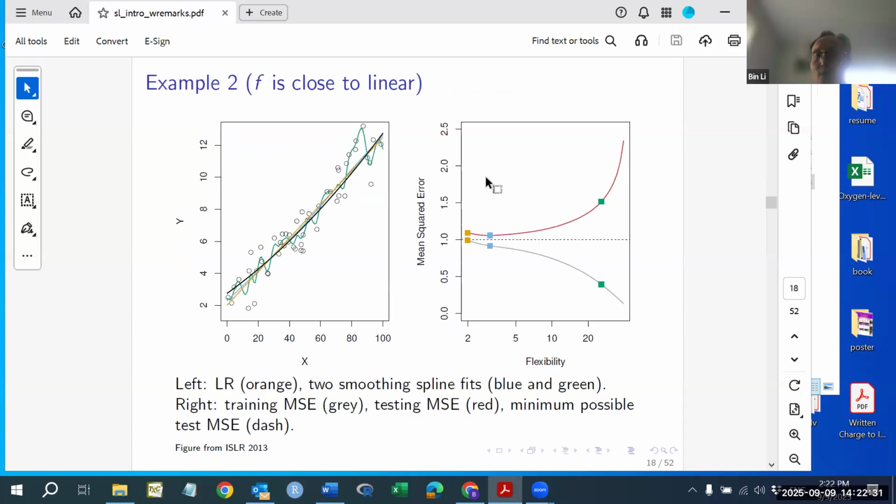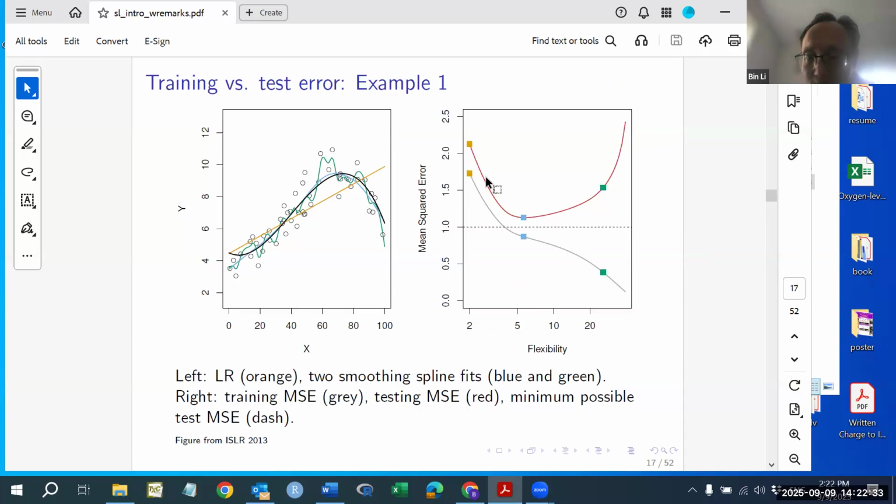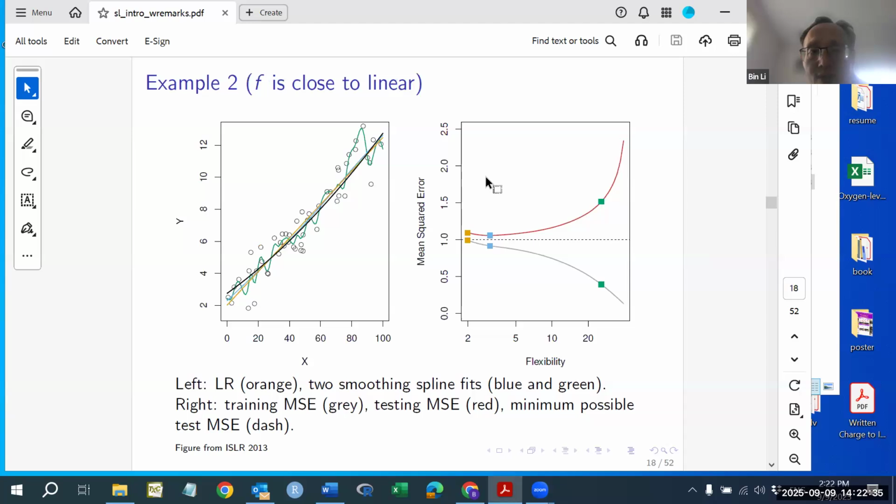Okay, if you understand this one, we can go over example 2 very clearly. In example 2, the true function is that black curve, which is very close to a linear line. Still we have 3 models.